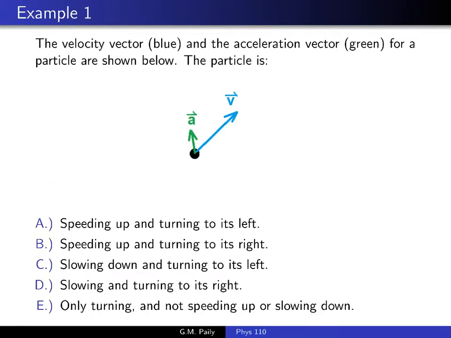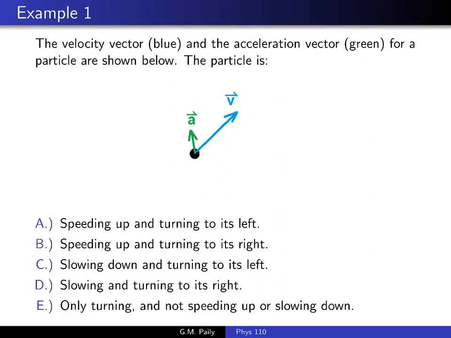Here's an example. Try and answer this question. A point particle, shown here by a black dot, is moving. Its velocity vector is shown by this blue arrow, and the acceleration by this green arrow. What is the particle doing at this time?